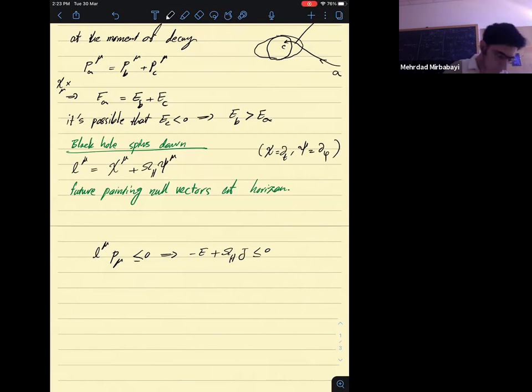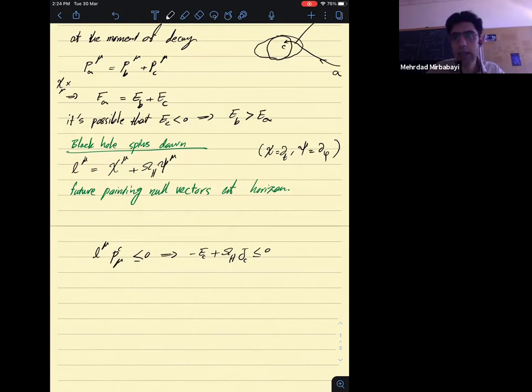Now this goes into the black hole. So this E, this energy of the particle, let me put label C here too, so that these are associated to that particle. So this energy and angular momentum will be added to the energy and angular momentum of the black hole. Of course, the black hole will be perturbed by this process. But then the expectation is that after it is perturbed by this process, it will eventually relax.